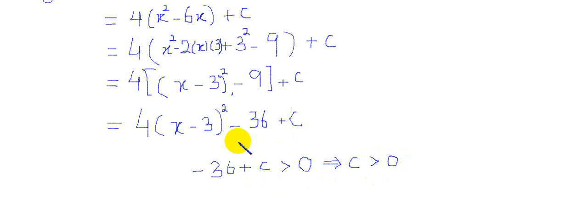So we concluded here that this portion must be positive, and this portion is a multiple of 4, so a multiple of 4 plus a positive number equals a number which is greater than 0, and all the numbers greater than 0 are positive.